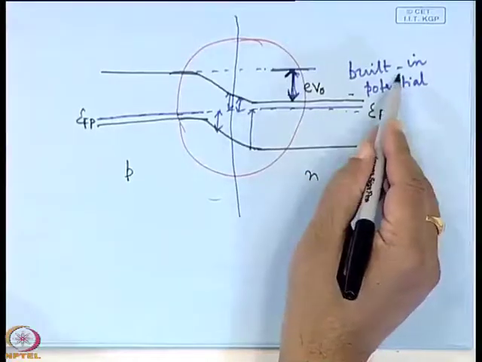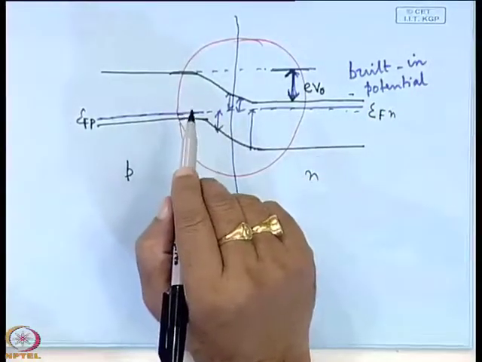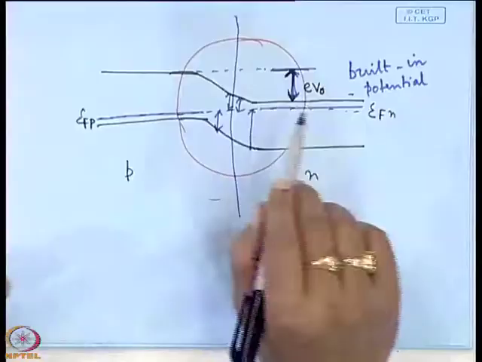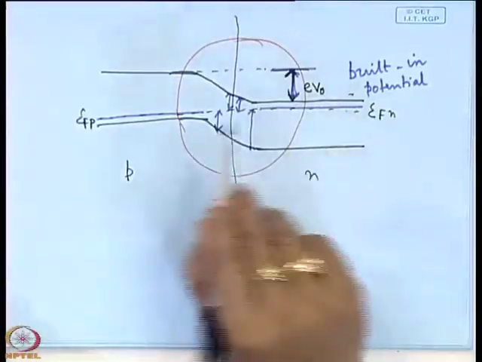This is known as the built-in potential, and why is there a built-in potential? It is because of the electric field generated by the uncovered charge in the depletion region, which stops further diffusion from N side to P side or from P side to N side. So, that is a very important consideration for a p-n junction.